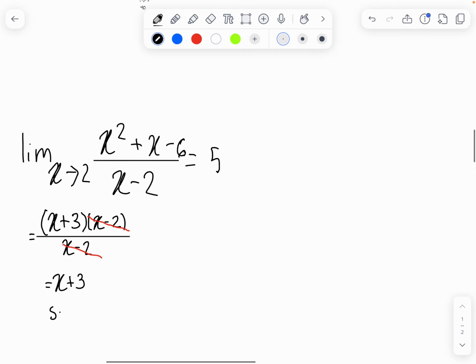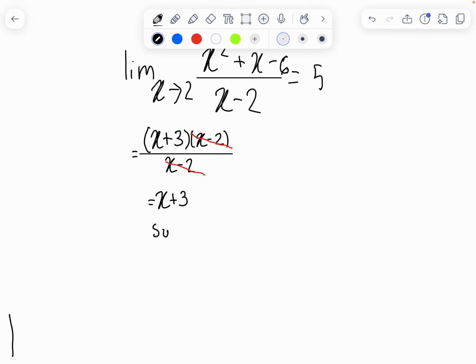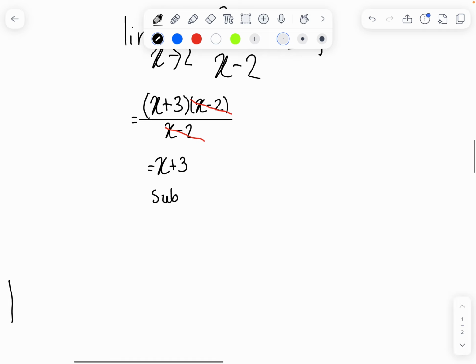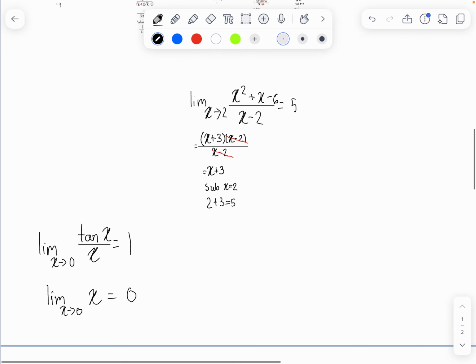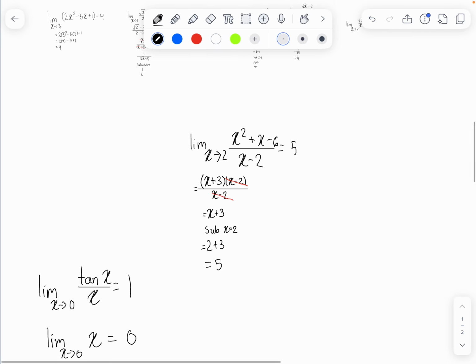If we sub in 2, x equals 2, we get 2 plus 3 equals 5. So our answer equals 5. Yeah, and that's it for that question.